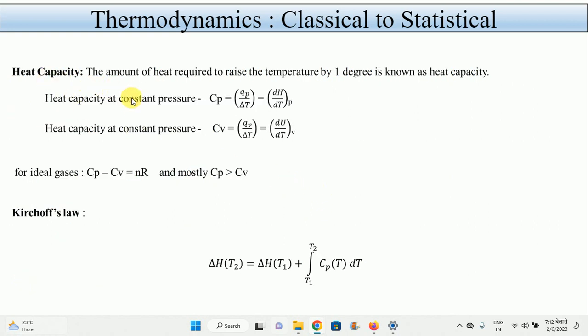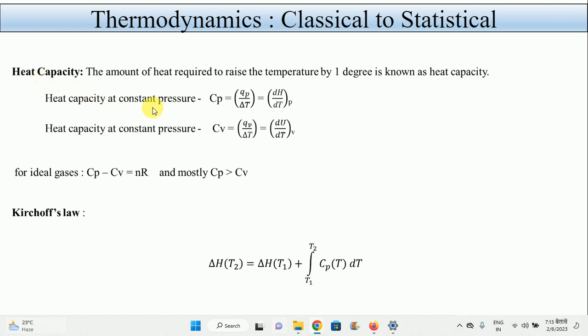Heat capacity. This is another important thermodynamic quantity. Heat capacity is the amount of heat required to raise the temperature by 1 degree.